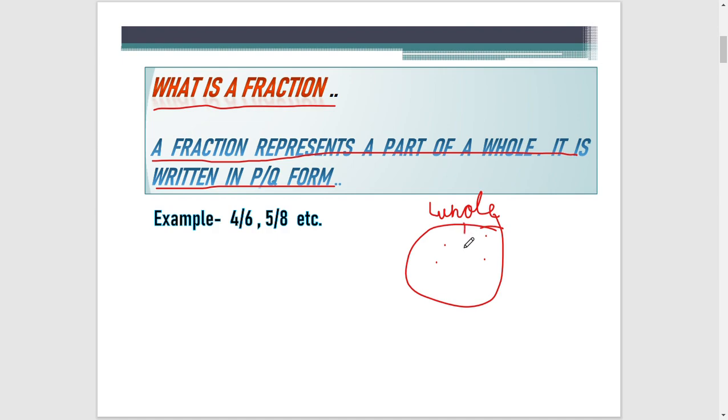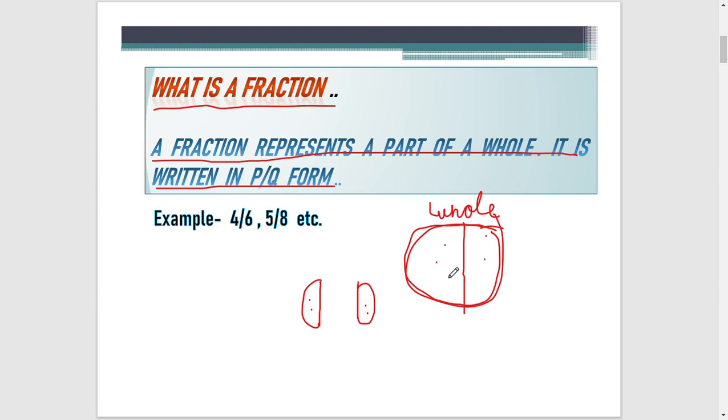If we break the chapati into two pieces, we have the first piece and the second piece. You can see it was a whole chapati, and we have made two parts of the chapati. So this is a fraction.